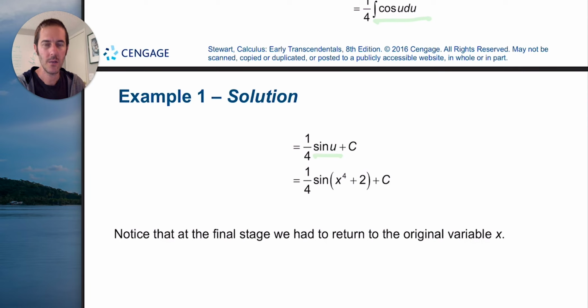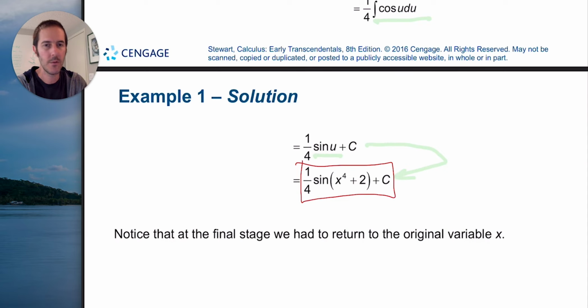The plus c is there as our unknown constant value. The constant multiple of 1/4 is present. And then lastly, we make this back substitution in going from here to here, and we have replaced the u back with x to the fourth plus 2. Don't forget the plus c, and you've got yourself a final answer.